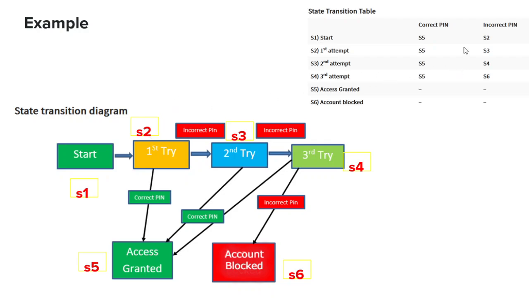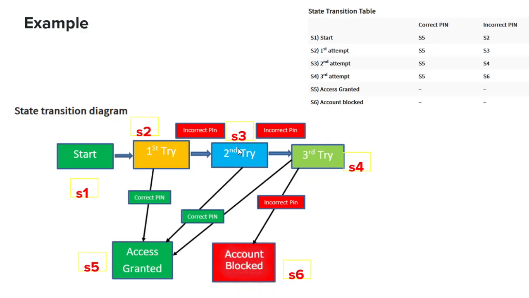In the first try, if the user enters the correct pin, then access will be granted. And if the user enters an incorrect pin, then he will go to the second try, that is S3, state 3 here.